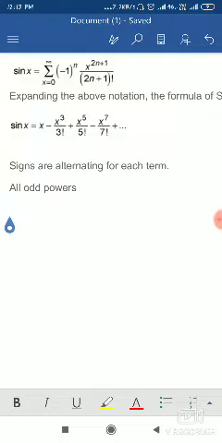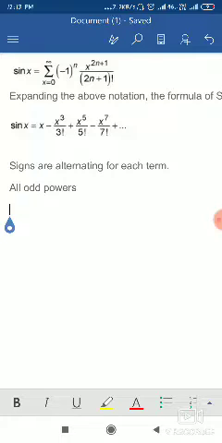So x power 1, that's why I have considered i value equals to 1. The next power is power 3. After that power 5. So every term is incremented by 2 relative to the prior term.